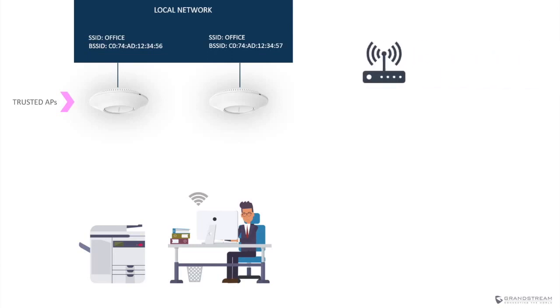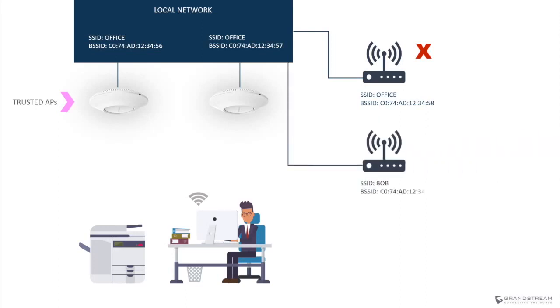Any access point that is added to the network and it is not managed by the controller, or it is not added to the list of trusted APs, will be detected as a rogue AP, and a countermeasure policy will be applied to that access point to prevent clients from connecting to it.